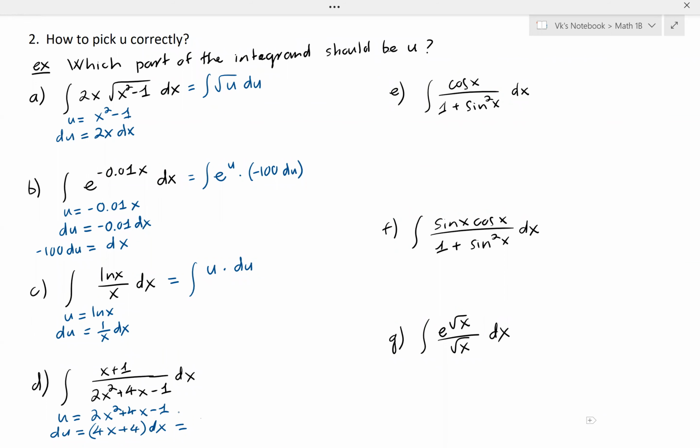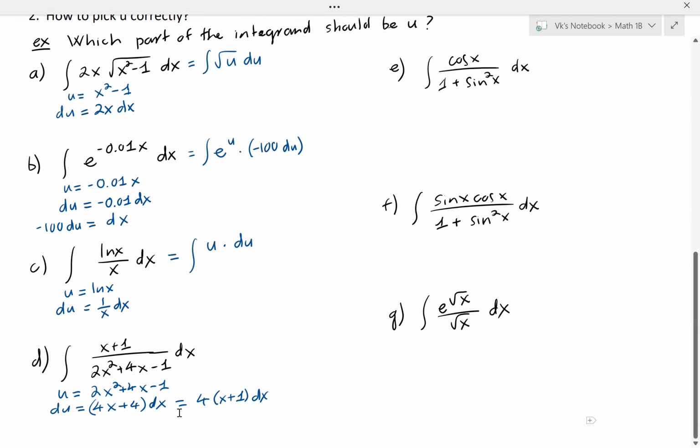Or you can see this as 4 times x plus 1 dx. And so 1 over 4 du is x plus 1 dx, which means that we can rewrite this integral as 1 over u times 1/4 du. Very cool.